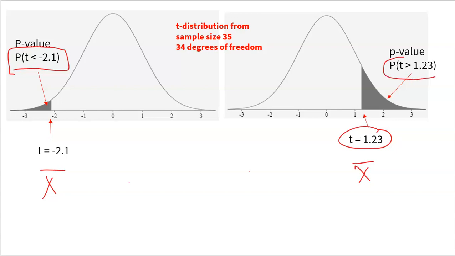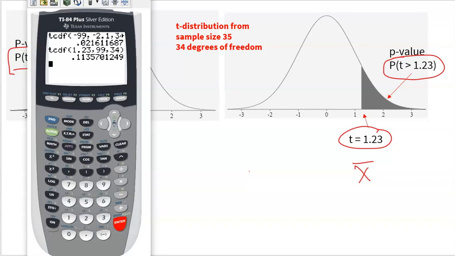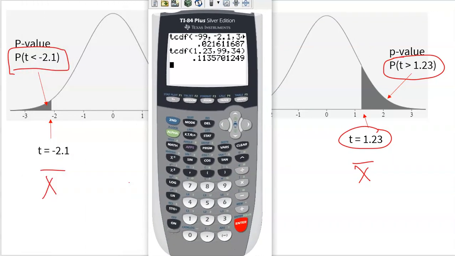So we look at the probability that a t-score is greater than 1.23. I'm going to grab TCDF again. This time I'm going above, so I start with 1.23, go to 99, acting as my infinity, and once again 34 degrees of freedom. And I get 0.1135.